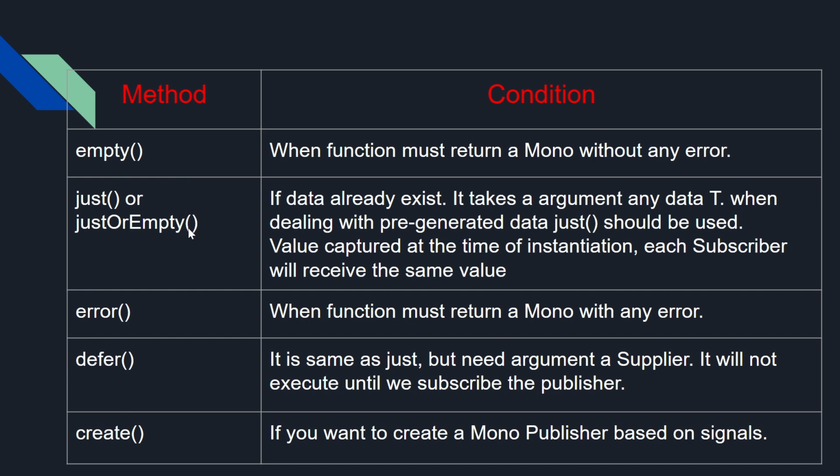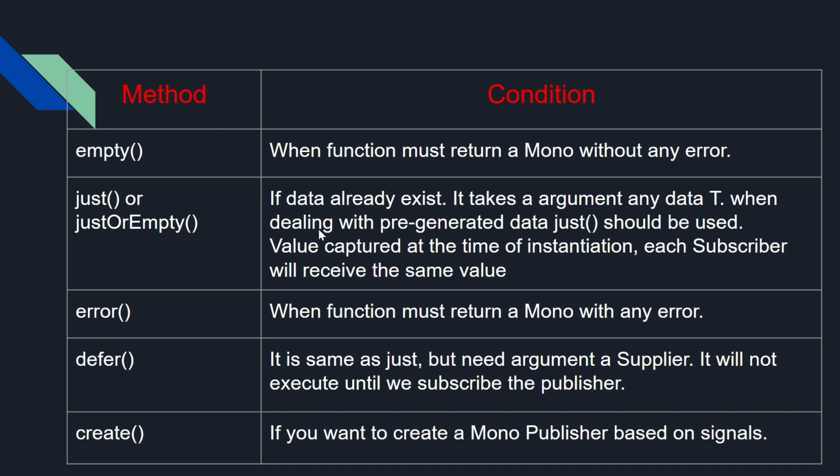The second one, just. This method we can use if data already exists. It needs an argument, any data. When we're dealing with any pre-generated data, at that time we should use this just method.